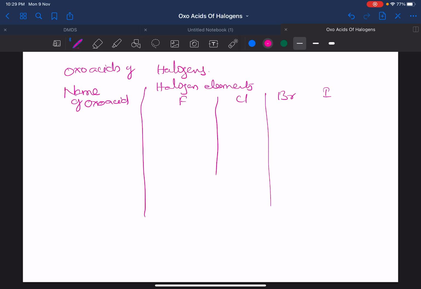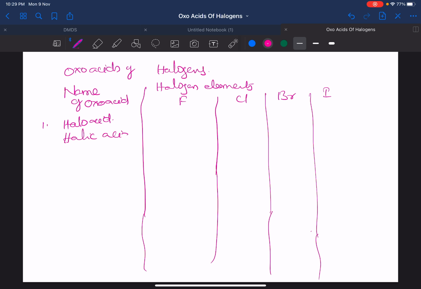First we write the name of the oxo acid. The first one is halo acid. Halic acid 1 means the oxidation state of the halogen atom is +1, and it is also called hypohalous acid.